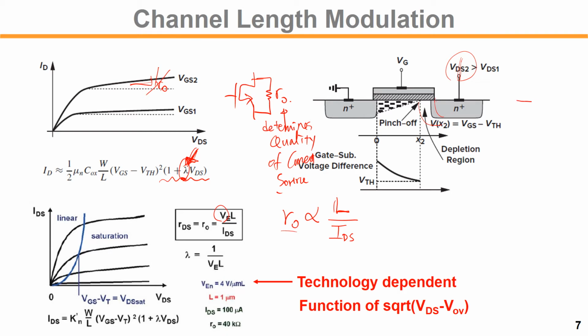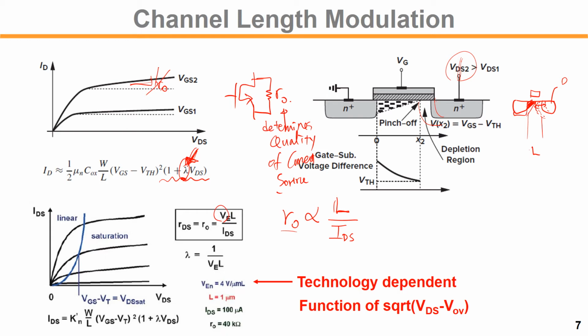If we have a smaller channel length, like a very small device like this, then for the same voltage variation on the drain, the depletion region is quite wide relative to the channel. So the change in current on the small length device is greater than on the large length device.